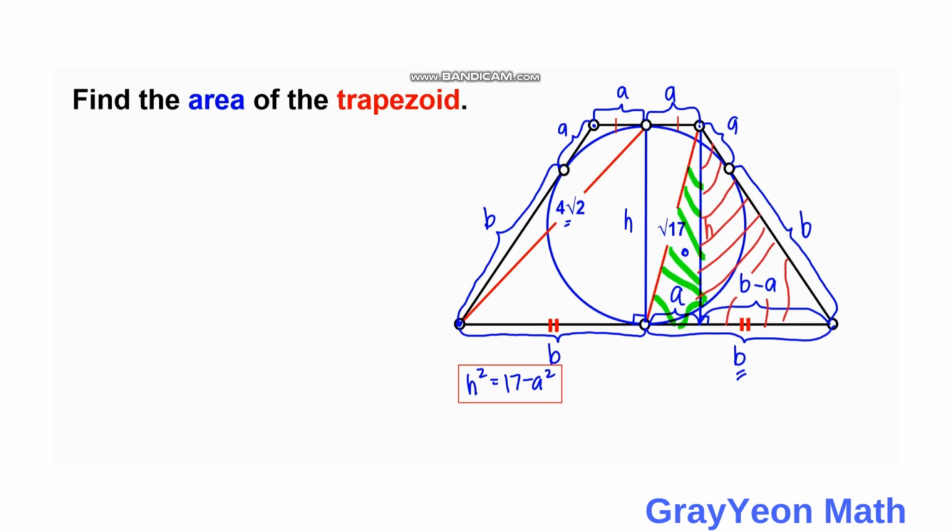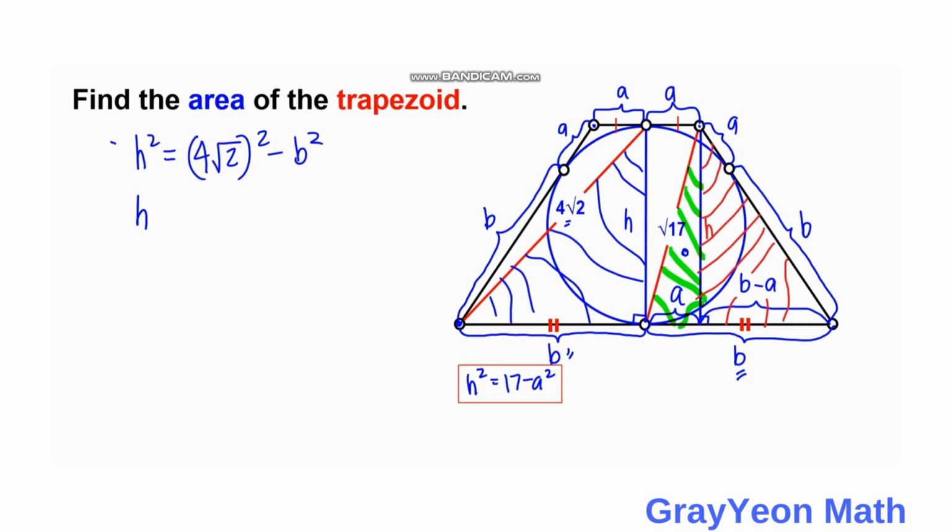Okay, so next we focus on this right triangle. We need to make an equation describing the height squared. So h squared is equal to the hypotenuse, 4 square root of 2, squared minus this leg b, so b squared.